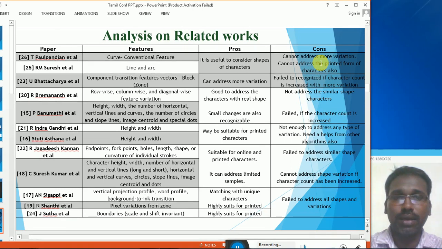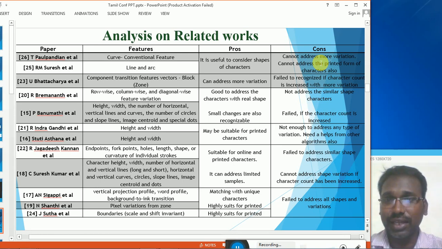These features are not helpful for recognizing all 247 printed Tamil characters.